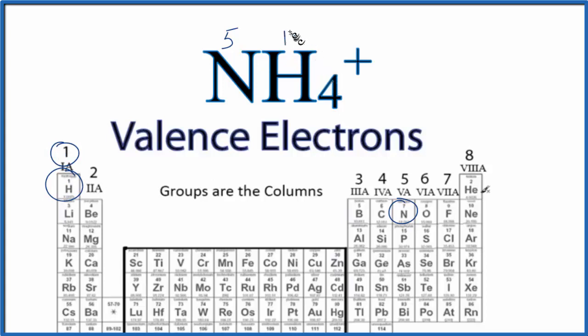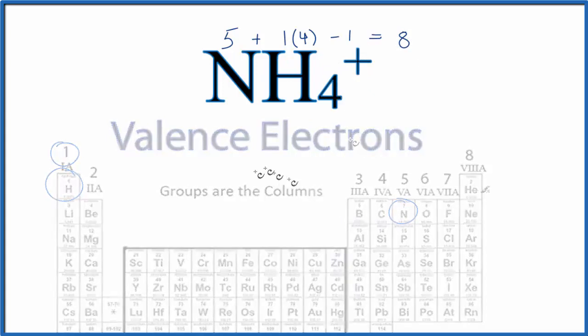We have 4 hydrogens though, multiplied by 4. And before, when we had the negative sign, we added a valence electron. Here, we're going to subtract 1. This positive means it's lost an electron. It's lost a negative charge, makes it positive. So 5 plus 4 is 9 minus 1. So again, we have 8 valence electrons for this NH4 plus polyatomic ion.